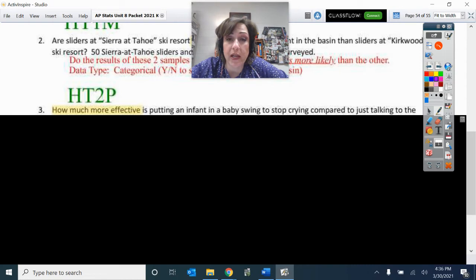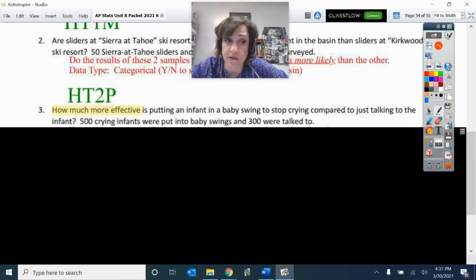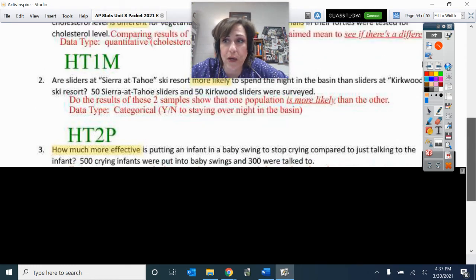How much more effective is putting an infant in a baby swing to stop crying compared to just talking to the infant? 500 crying infants were put into a baby swing, and 300 infants were just talked to. Okay. How much more effective? So, a couple things.